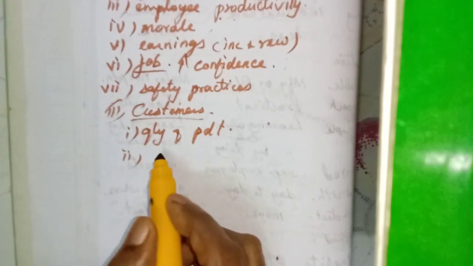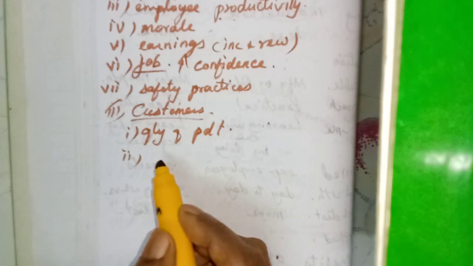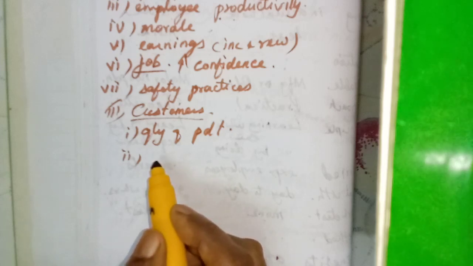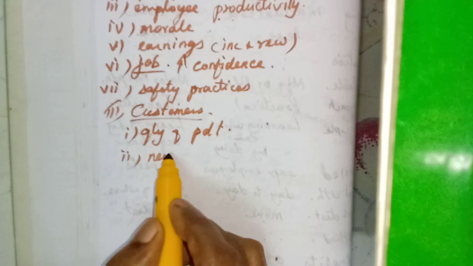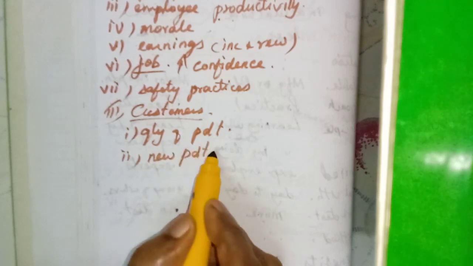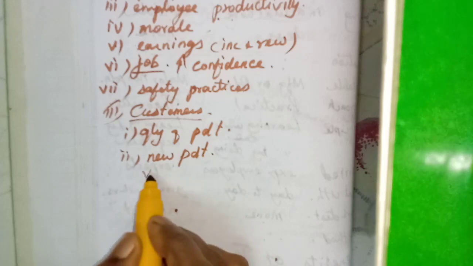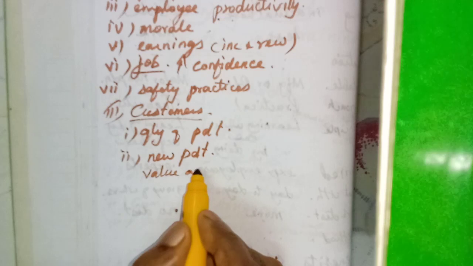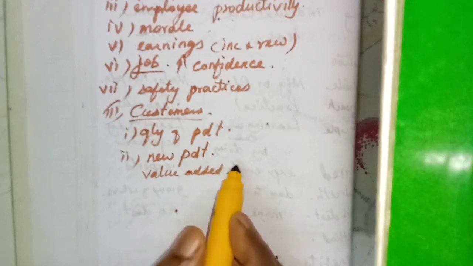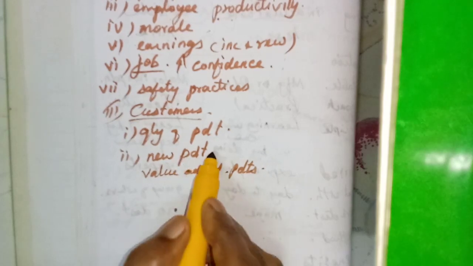And since they are updated with the new trends, isn't it? So with that, they can innovate, they can introduce some new products. Innovative products will be introduced, or value added products. Okay, value added products will be provided for the customers, or the innovative products.